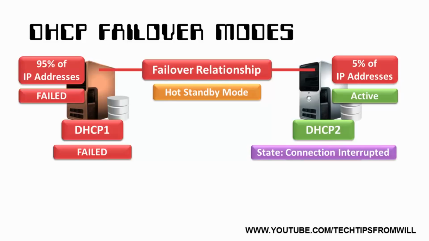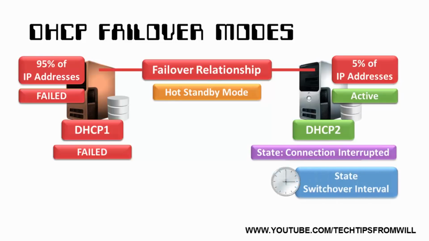So, when will DHCP Server 2 assume control of the entire range? When DHCP Server 2 enters the connection interrupted state, the state switchover interval again starts to count down. When the state switchover interval countdown completes, the server transitions from the connection interrupted state to the partner down state.